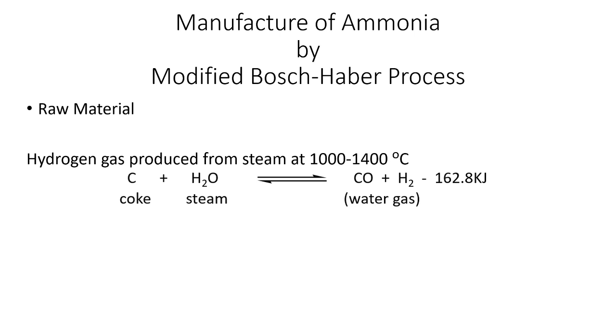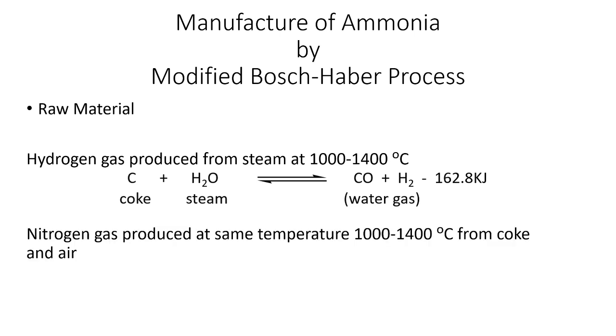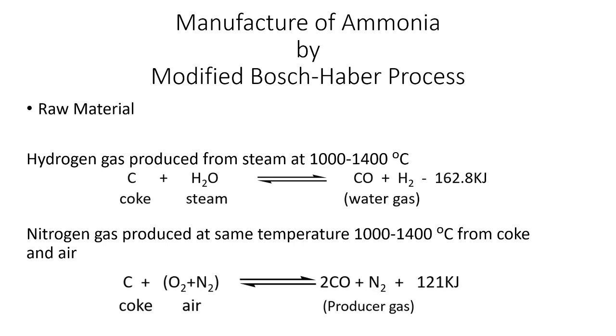The reaction is endothermic, because 162.8 kilojoule energy, then sign is minus, so it is an endothermic reaction. And nitrogen is produced at the same temperature by treating coke with air, where coke is converted to carbon monoxide and nitrogen gas. This mixture is called producer gas. This reaction is exothermic reaction.